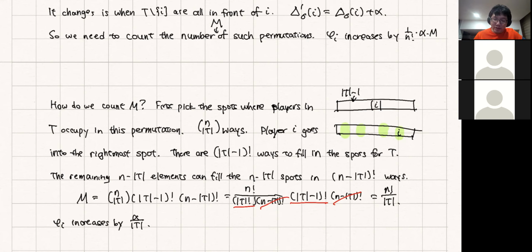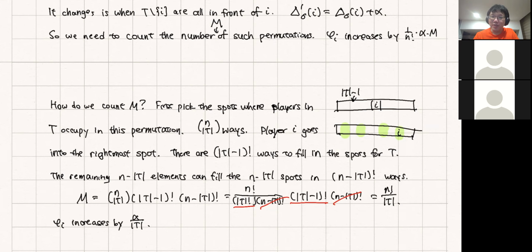If you have any coalition that includes T, increasing by alpha, that means that the Shapley value will increase by alpha over the size of T for every player that is in T.